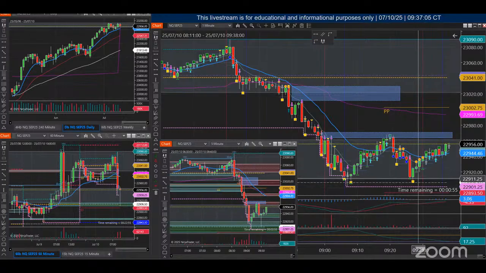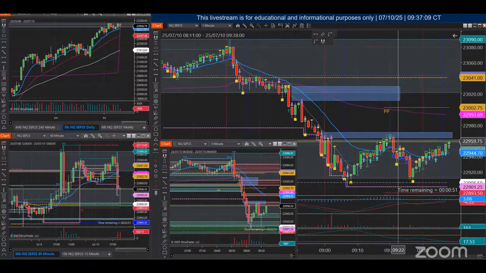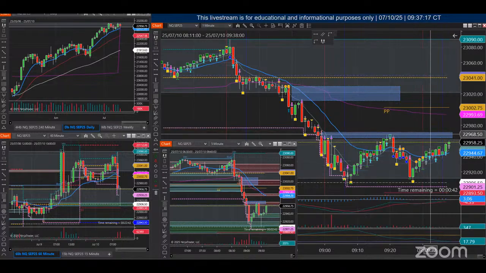So now we have this liquidity grab. So if there is a break of structure, then there will be one more liquidity grab. But if there is no break of structure, it can go lower.